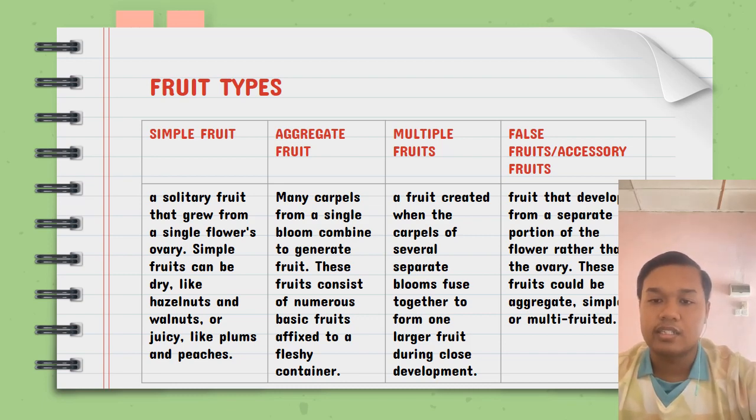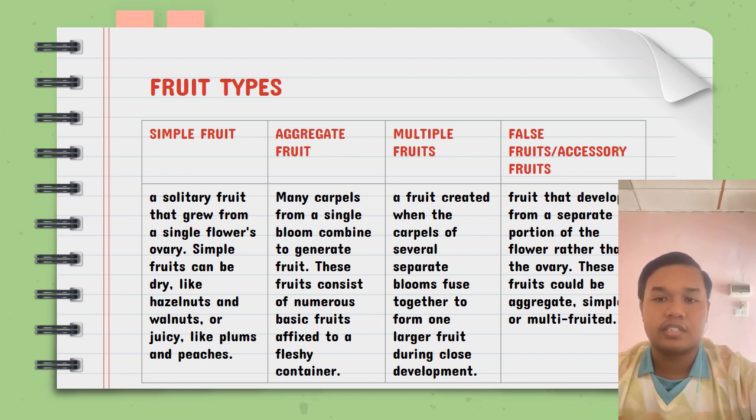And lastly, the false fruit. A false fruit, also known as a pseudo fruit or accessory fruit, is not derived solely from the ovary of a flower but involves other floral parts.